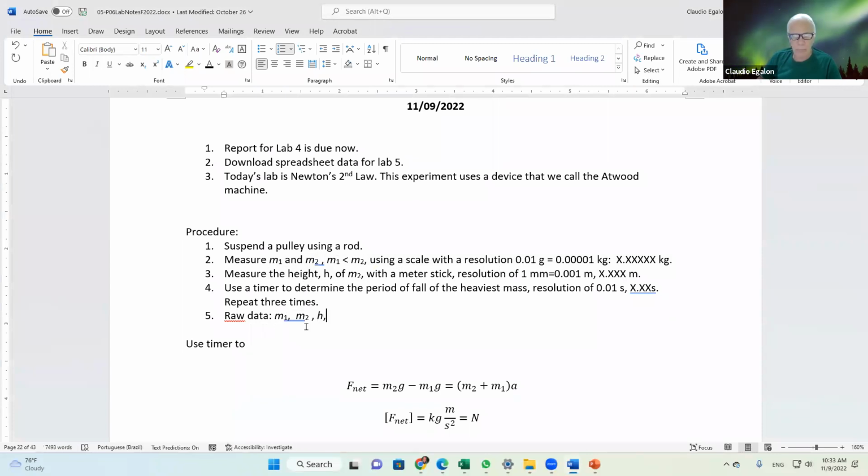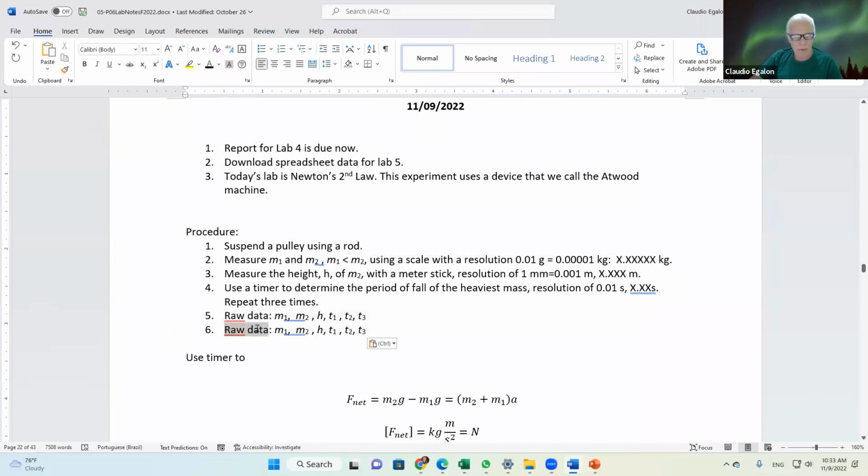H, T1, T2, T3. T1, T2, T3. And then we have results.